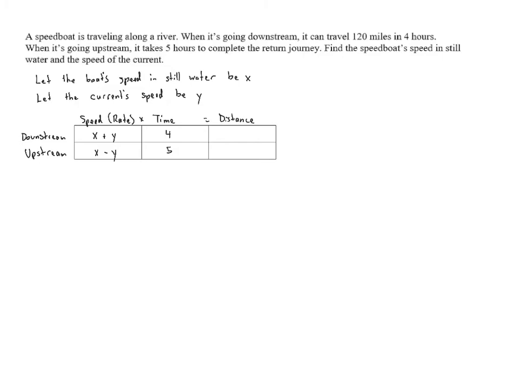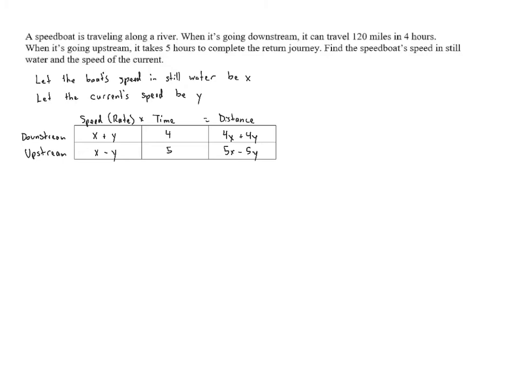Now that we have those in, we can multiply across to fill in the distance. X plus y times 4 gives us 4x plus 4y. X minus y times 5 gives us 5x minus 5y.